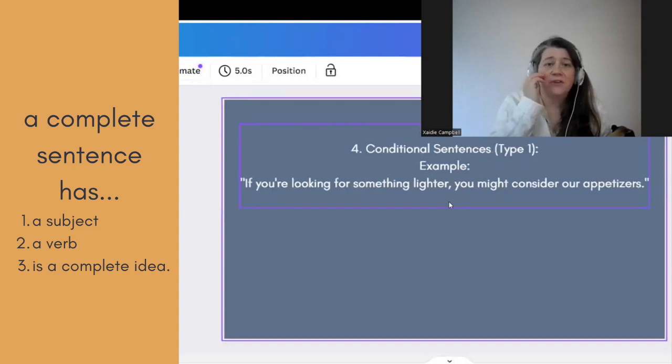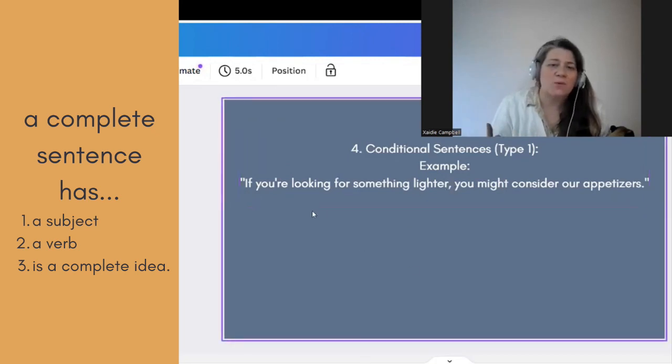Conditional sentence. If you're looking for something lighter, you might consider our appetizers. Now, I want you to notice that when you do this, you're looking for something lighter is a complete sentence. You might consider our appetizers is also a complete sentence. We are showing a relationship with this if-then scenario, okay?